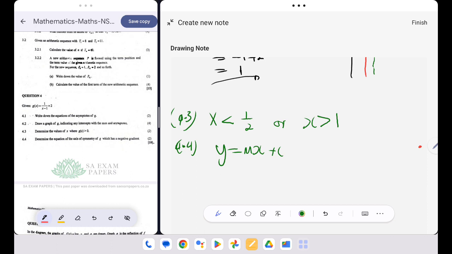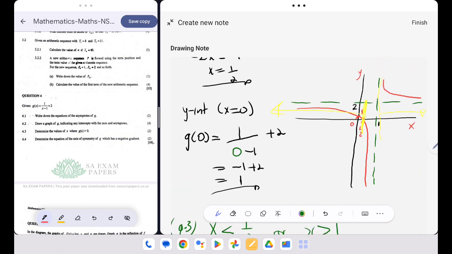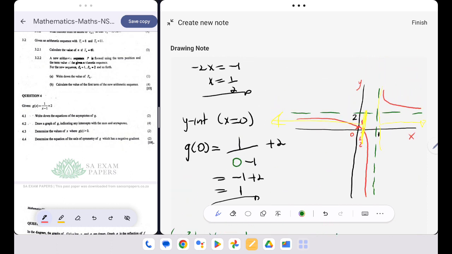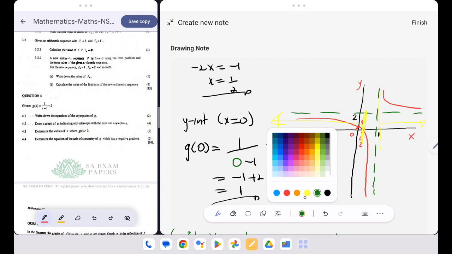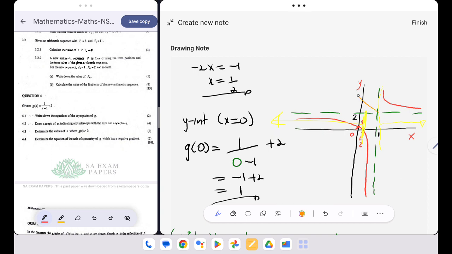Your axis of symmetry is a straight line graph now. Since they said our graph has a negative gradient, it simply means that the axis of symmetry will move like this. It will pass through the point of intersection of our asymptotes. Are you together?